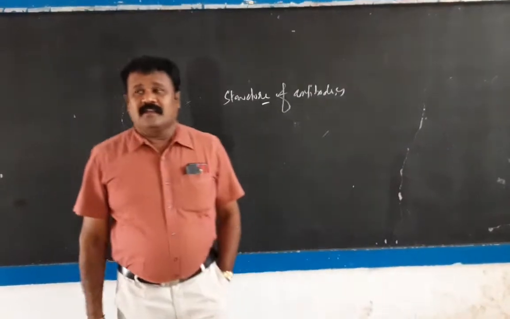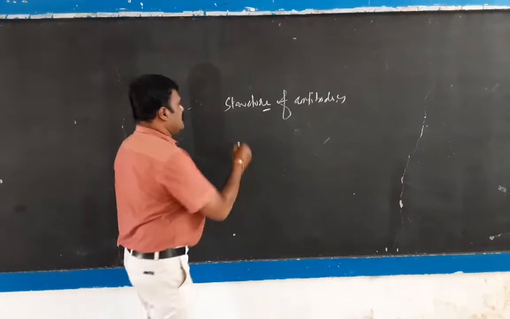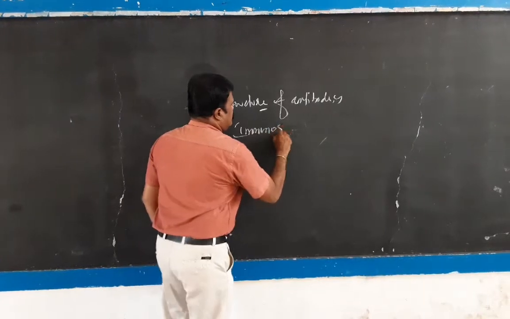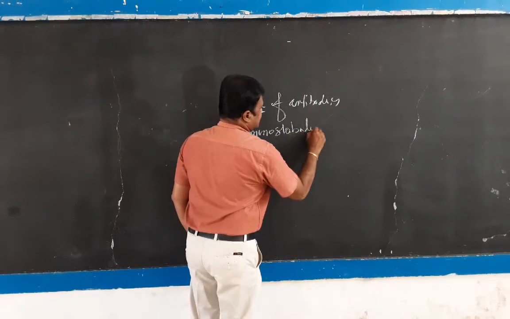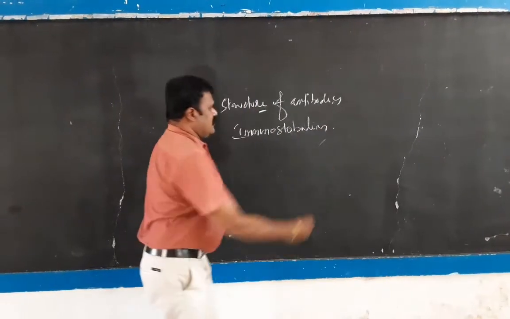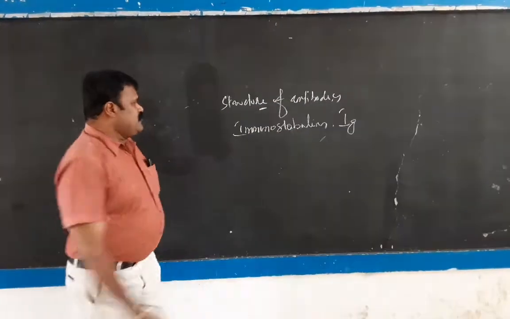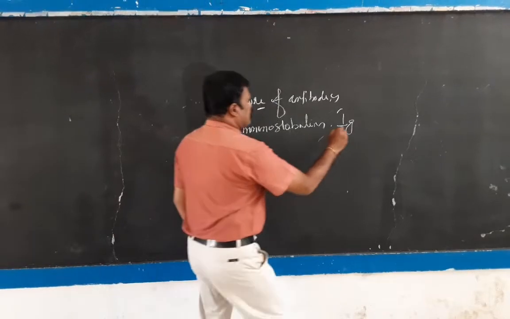Antibodies are chemically immunoglobulins. In short, we call them Ig. Immunoglobulins are glycoproteins.